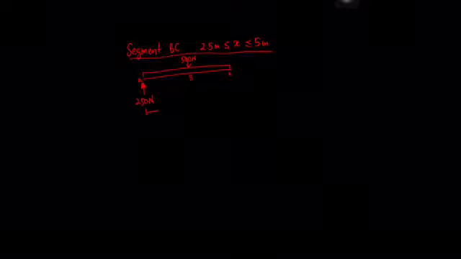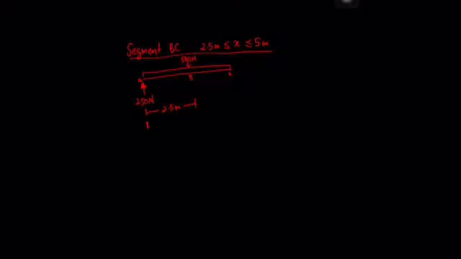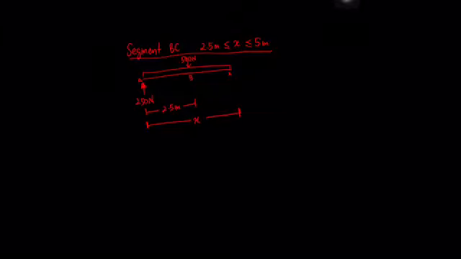The distance from A to B is 2.5 meter, and the x value is from the starting point, which is the first point of your beam, until the cutting point. So you cannot take x between B to point X. No, the distance should be from the first point of your beam until the cutting point.